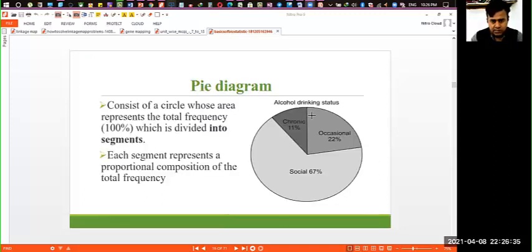The pie diagram is this, where you can clearly observe the actual percentage. This is always expressed as 100%, and it is divided into components. So you can easily figure out the exact percent of incidence. This is a qualitative expression only, not for quantitative purposes.